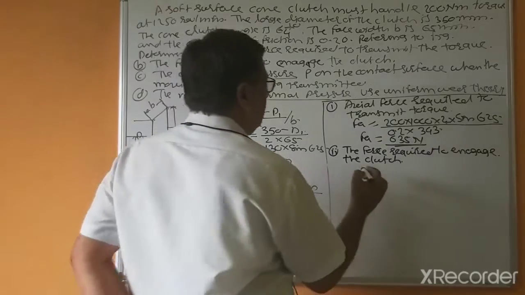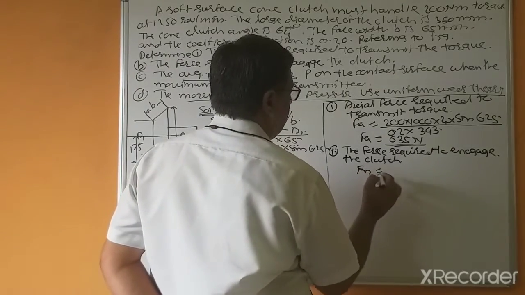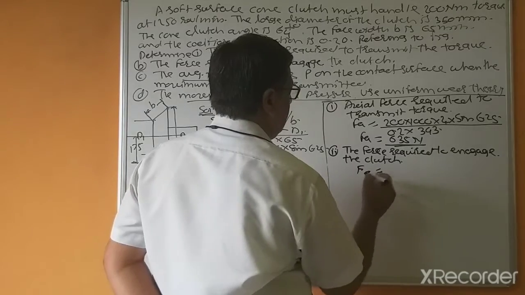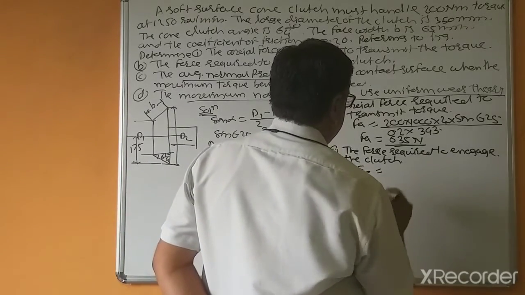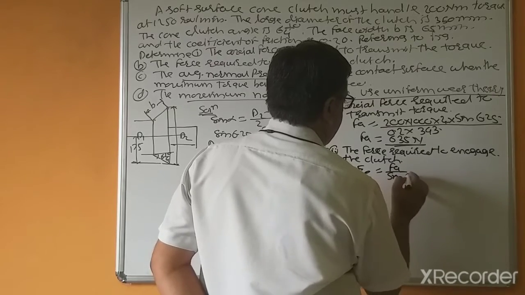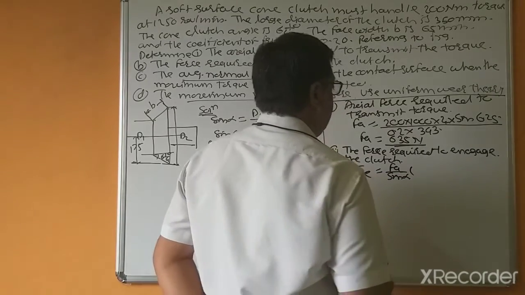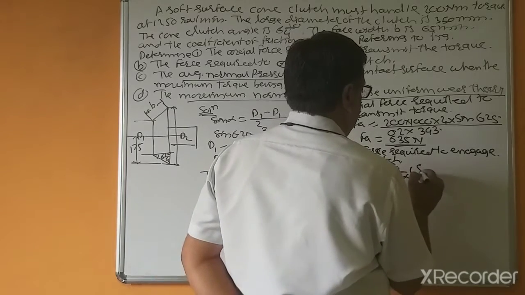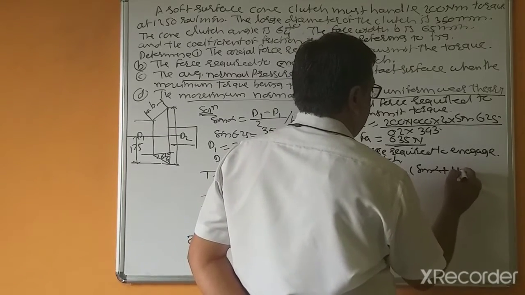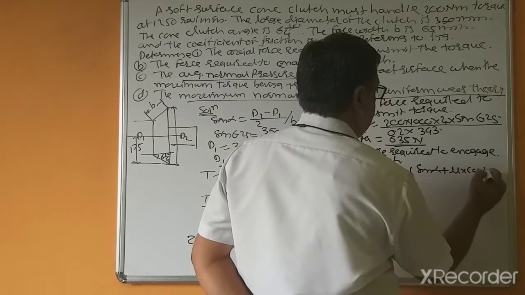Fn engage equals Fa divided by sine alpha, in bracket sine alpha plus mu cos alpha.